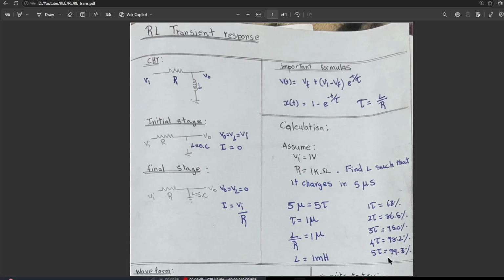So around 5 tau it is charged to 99.3 percentage, which is nearly 100 percentage. So that's the reason why we are taking 5 tau. Here we are inputting 5 tau and the tau value is nothing but 1 microsecond. Here tau is nothing but L by R. So substituting the R value we get L is equal to 1 millihenry.